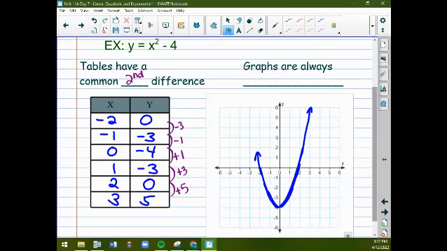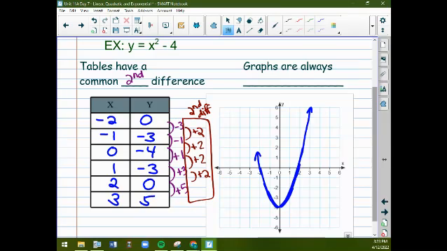Then for the second difference, with these first differences, what's the difference between those? To get from -3 to -1, I had to add 2. To get from -1 to 1, I had to add 2. To get from 1 to 3, I add 2. And to get from 3 to 5, I add 2. So this is the second difference.